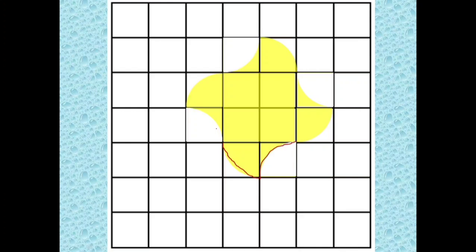And what I make out is, if I remove this part from here and fix it in this part, then I'll get one whole square. So each blade is going to cover one whole square. So we have got 4 blades, and these 4 blades will be covering the area of 4 square centimeter.